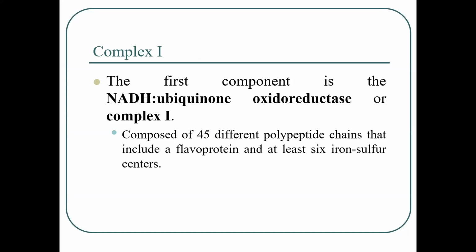Of those 45 polypeptide chains, 38 are encoded by the nuclear genome, 7 are encoded by the mitochondrial genome. Part of this protein is embedded in the membrane, another part juts into the mitochondrial matrix.